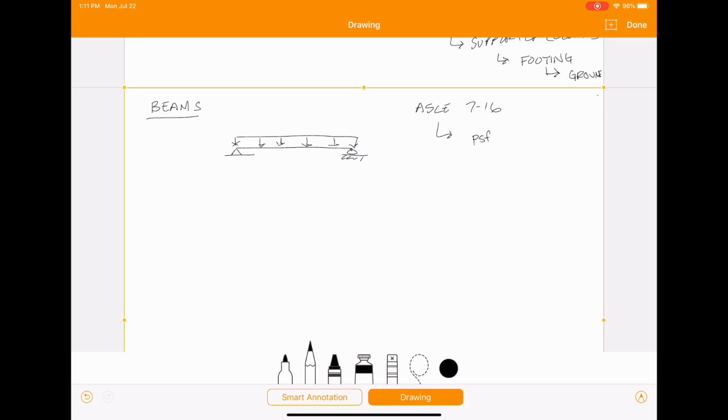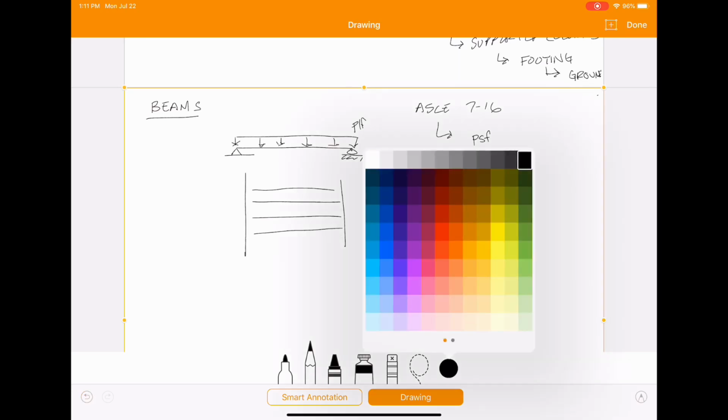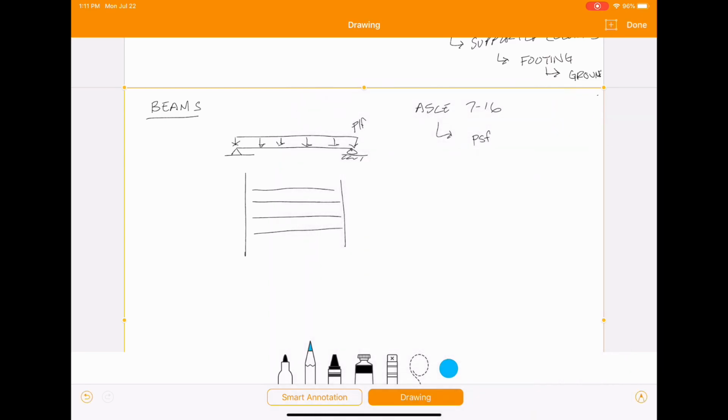But in order for our beams to have a uniform PLF load, let's draw the plan view of this again. So if these are your beams, this is your girder, and we've got some sort of area load acting on these beams, right?